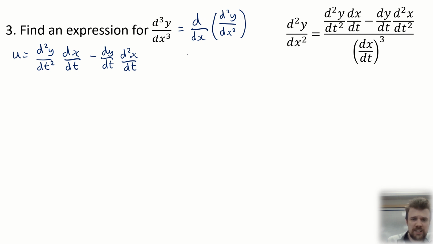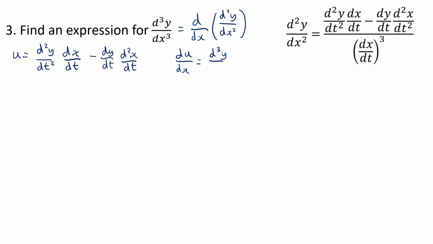So if we're finding du over dx, that means we're going to have to differentiate all this with respect to x. So we're doing a product rule with that first pairing. So differentiate the d squared y over dt squared while keeping the other thing the same. So that will be a case of progressing the derivative, realizing that we have differentiating t's instead of x's.